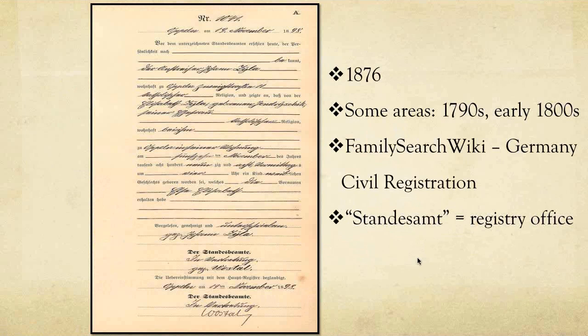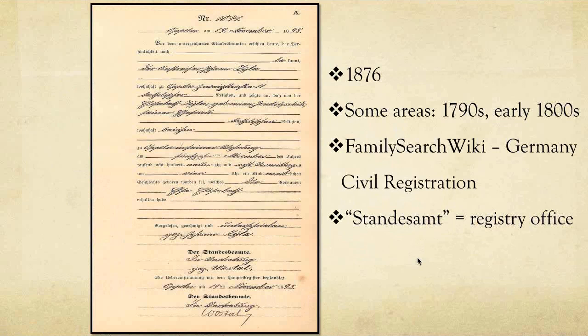And today we are going to talk about the collections that you can find on MyHeritage and the amazing resources you can find here. But just in case your records haven't been digitized yet, I did want to let you know that all hope is not lost. These records were kept at the local level in Germany, at the local registry office.